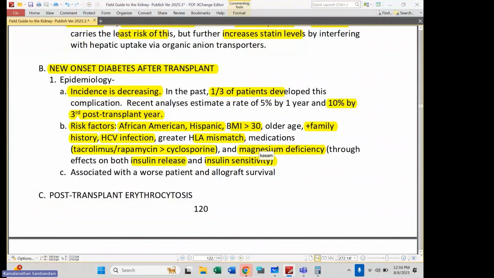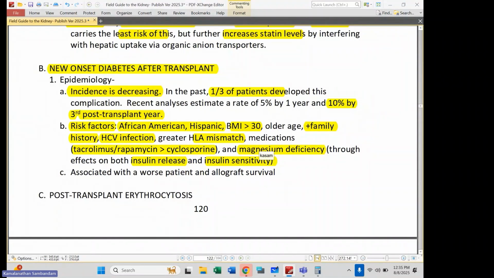People have shown direct effects on the islet cell and effects on the sulfonylurea receptor, increasing insulin release when you decrease the intracellular magnesium content of an insulin-secreting cell. There may also be decreased insulin sensitivity, but it's clearly a risk factor.